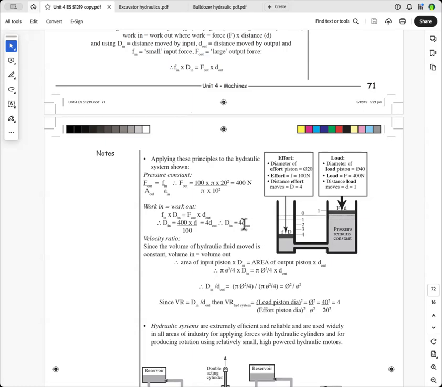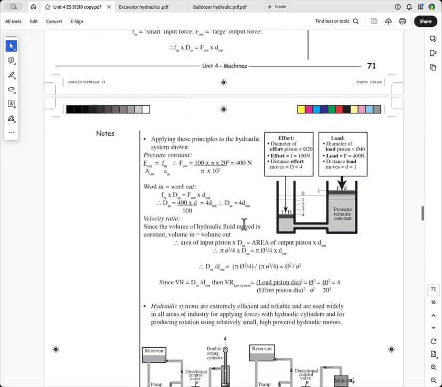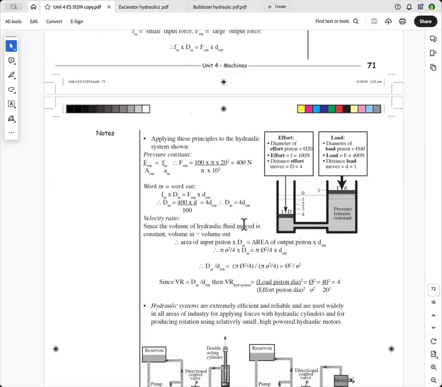Now let's have a look at velocity ratio. Velocity ratio is the distance that the effort moves over the distance the load moves. It actually is defined by this. So velocity ratio is equal to the velocity of the effort over the velocity of the load.